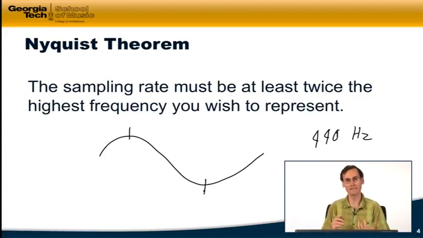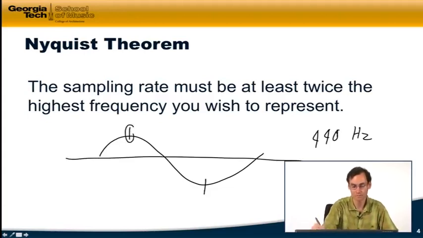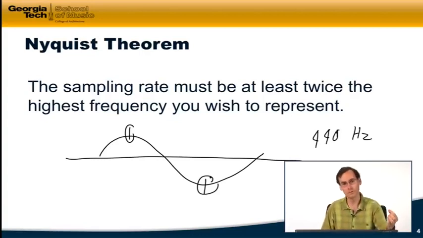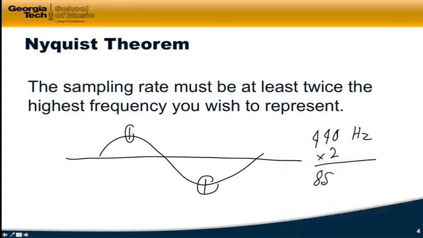So the minimum that I need to capture digitally in terms of those dots, those amplitude readings, would be for each cycle of my sine wave, I need to make sure that I have at least one sample somewhere on my peak, somewhere above the zero crossing, and then something somewhere below the zero crossing, somewhere down by my trough. So I need 440 above zeros and 440 below zeros, to be able to capture these 440 cycles of my sine wave in a second. So I simply would multiply 440 by 2, and I'd end up with 880 as the sampling rate that I would need.